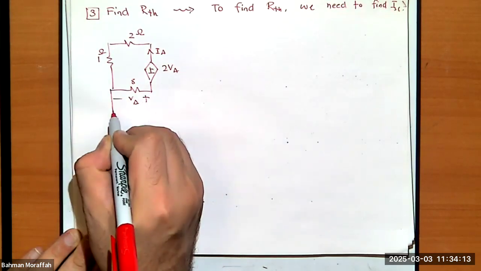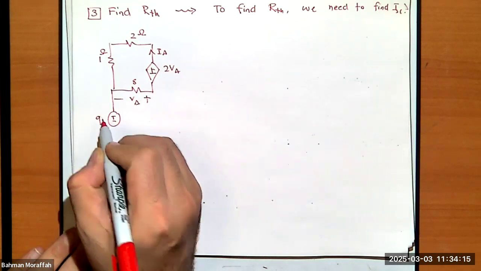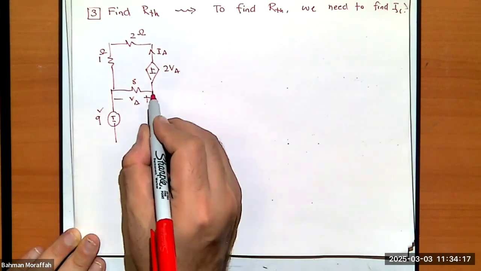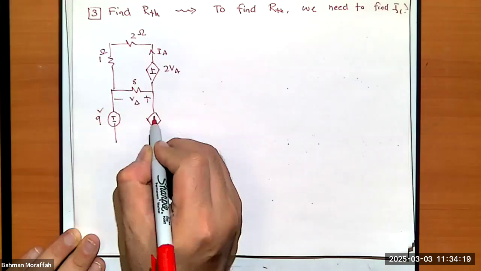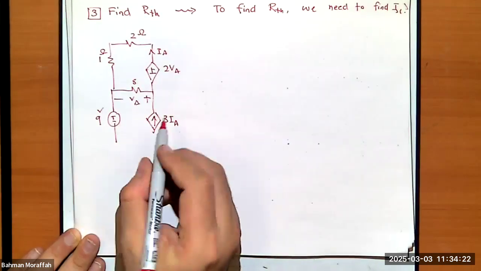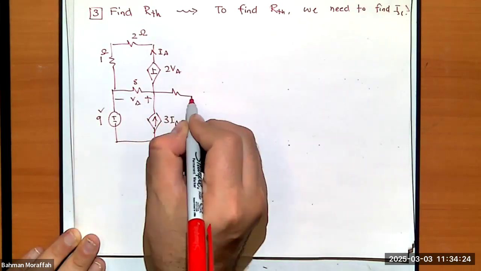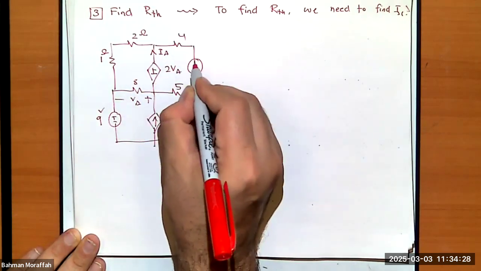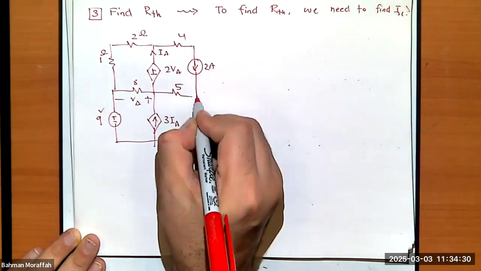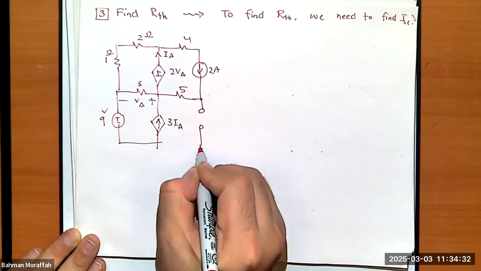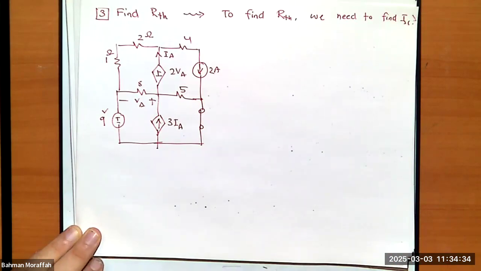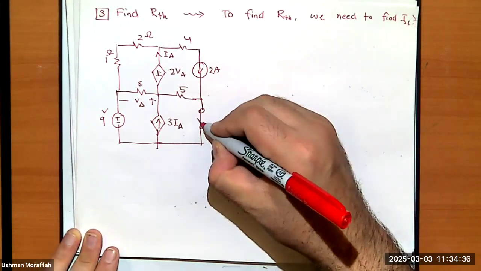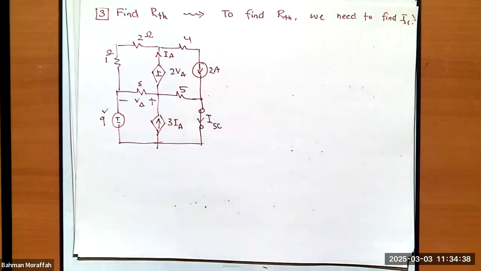This is VA. 9 volts. This is a 3 IA. This is a 5. This is a 4. So 2 amps. And this is where my load is. I basically short it out, and I find I short circuit.